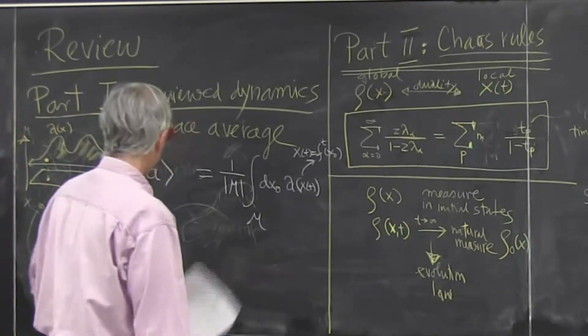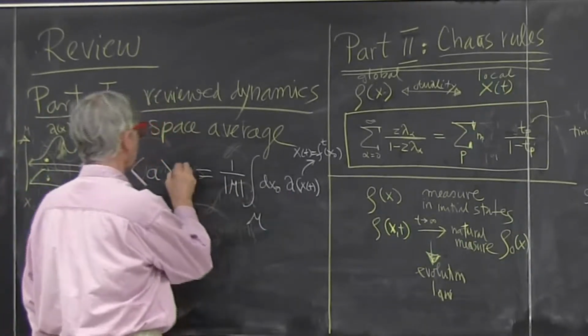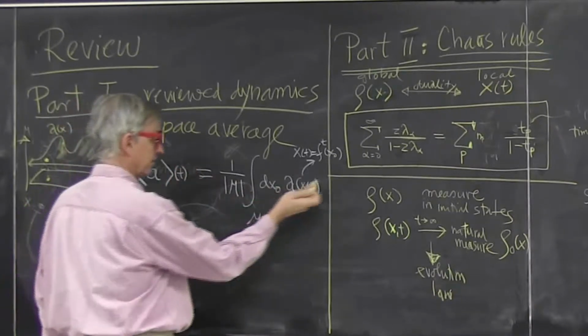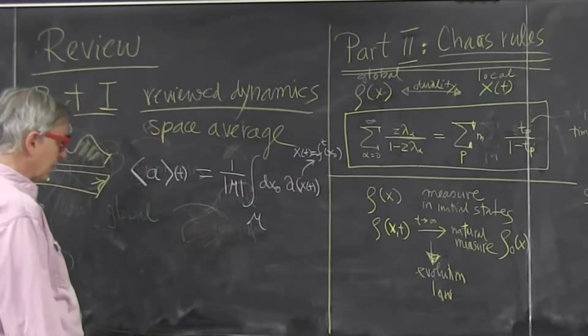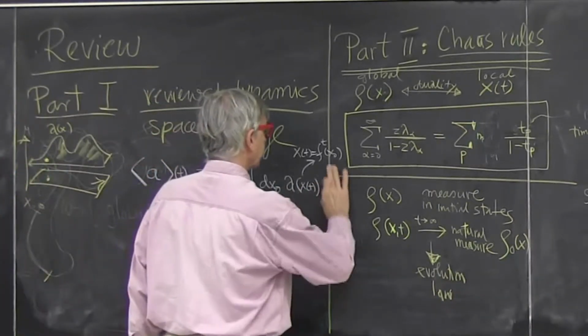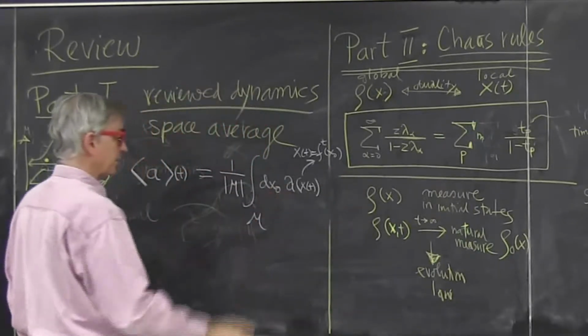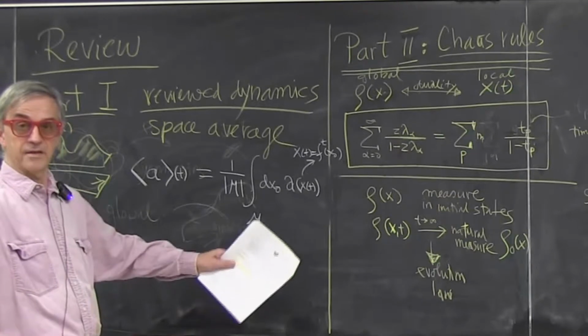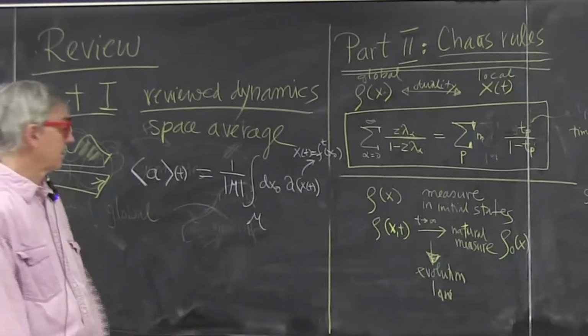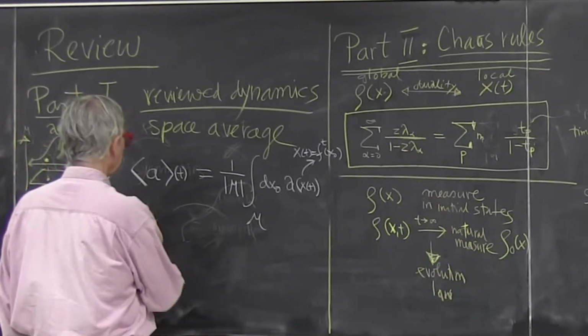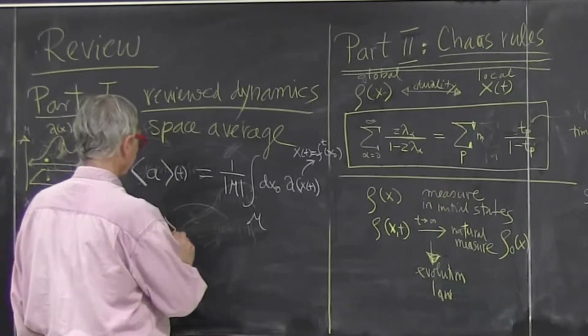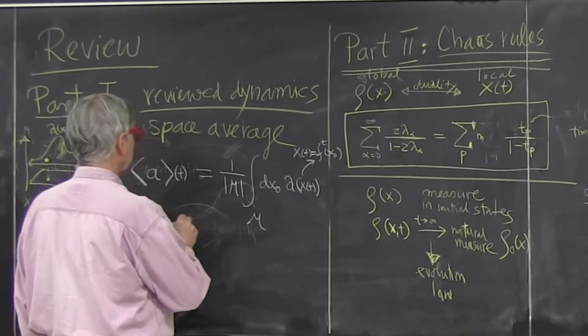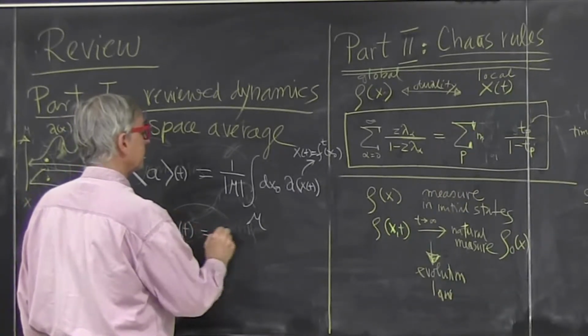Now, it depends on time, so I have to put a time, because it changes with time. If you don't like it, you say, well, that's kind of crazy, because why would I prefer something that starts uniformly every place in the state space? I usually prepare a localized thing. Then you can define it with respect to an initial distribution rho t.